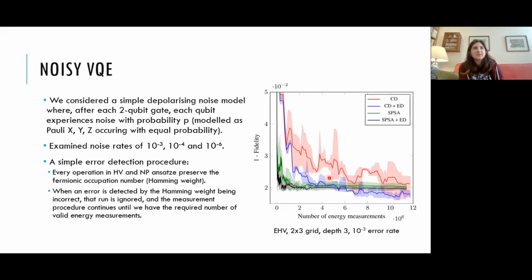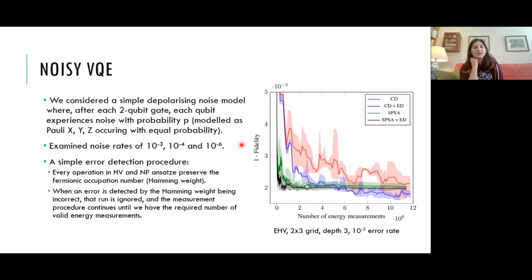The next thing we did was noisy VQE. Here we considered a simple depolarizing noise model on top of everything. So after each 2-qubit gate, each qubit experiences noise with probability P. This model has Pauli X, Y, and Z occurring with equal probability.